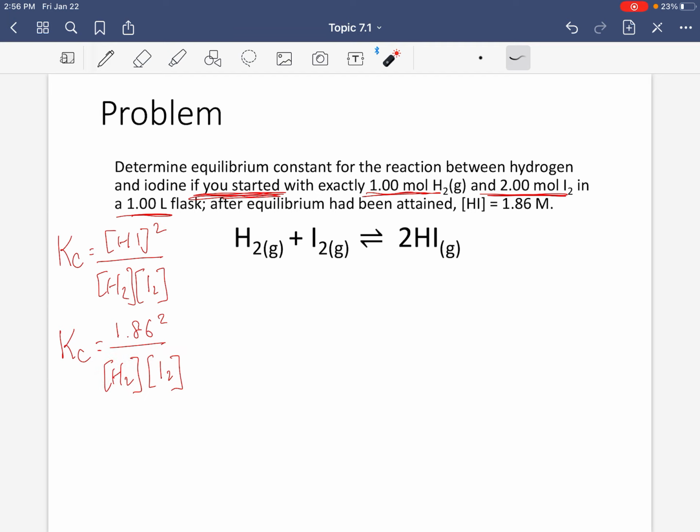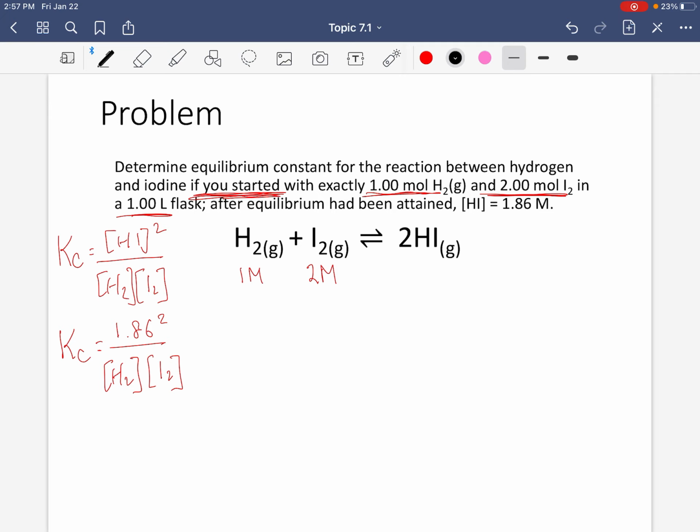I just said in the beginning, H2 is 1 mole over 1 liter, so initially hydrogen was 1 molar. I2 initially was 2 moles over 1 liter, so that's 2 molar. Initially, not during equilibrium. This is a bigger problem. If this is what we got initially, then what is equilibrium?